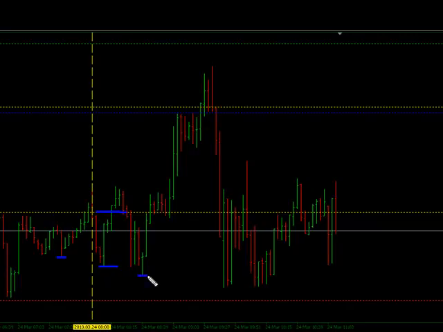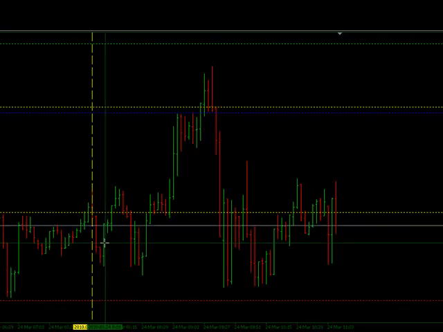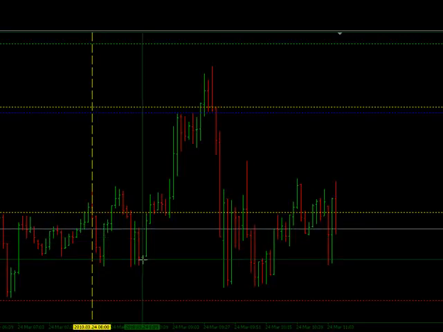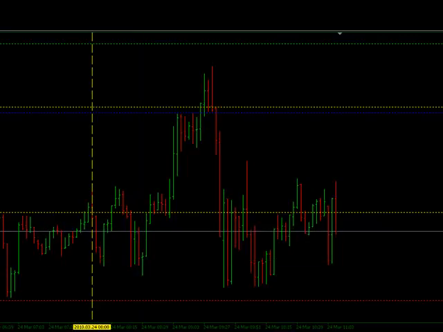This bar here missed my entry level by just a few pips. If we have a quick look, the low of that bar was 149.64, so my entry would have been 149.60. Low of this bar was 149.61 and 9/10, so I missed the entry, fortunately, on that one.